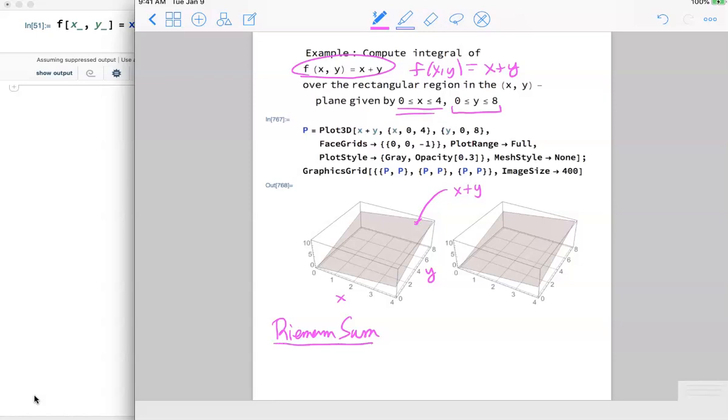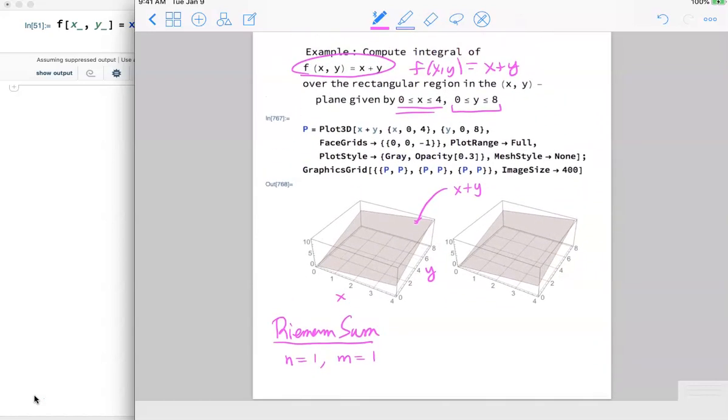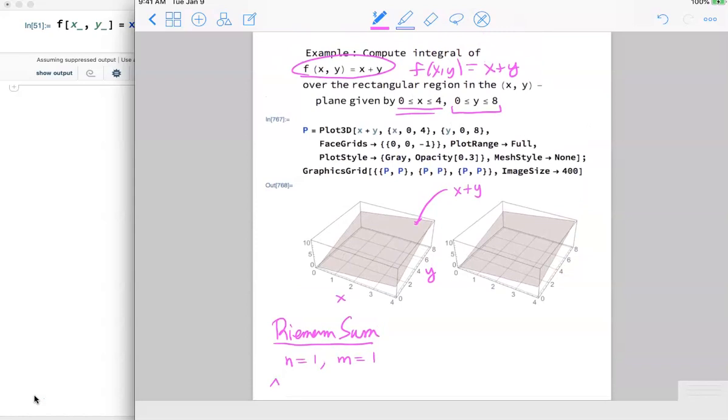Now with a 1D Riemann sum, you have to split the x value up into different parts. But here in Calc 3 we have x's and y's, so we need to split the x and the y into parts. We want to split the x into one rectangle, and we're going to split the y into also one rectangle. So we're going to take 0 to 4, and delta x is going to be b minus a divided by n, so delta x is equal to 4.